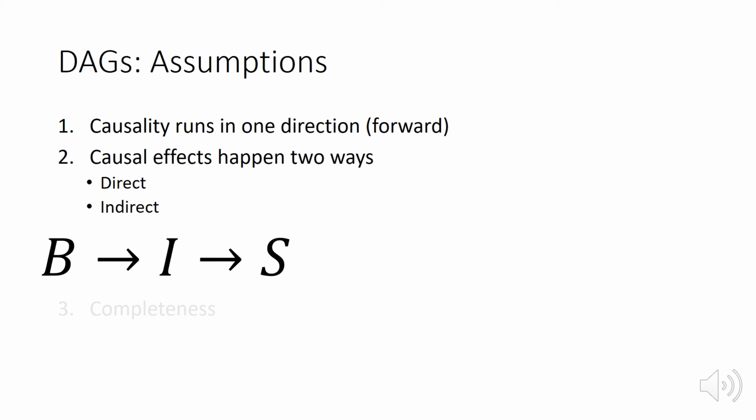Or the indirect effect. So maybe banana peel causes slipping by making you imbalanced. In the parlance of social science, this indirect effect is what's called a mediating variable. And what mediating means here is intermediate.